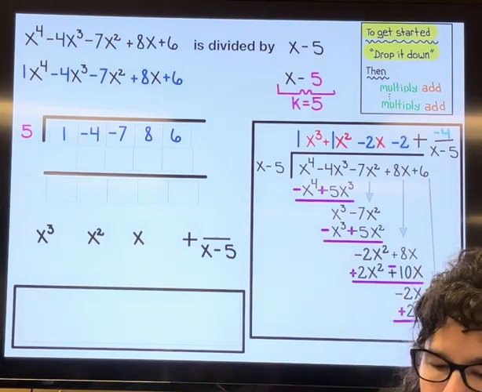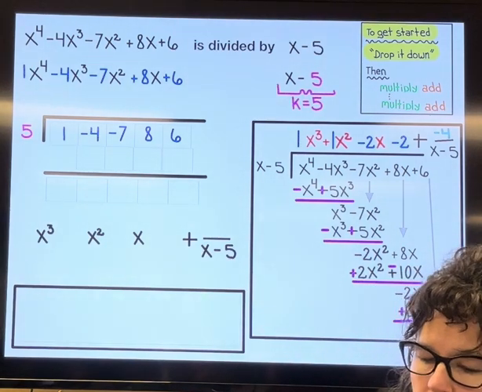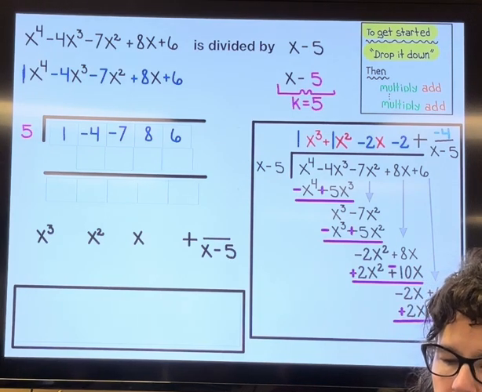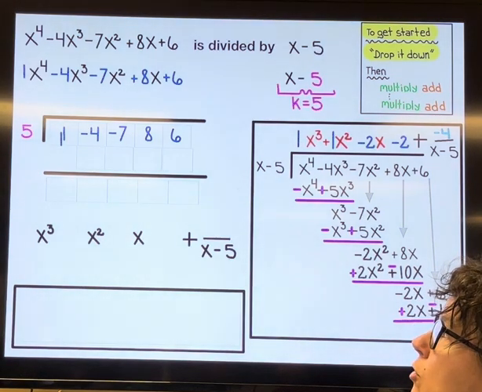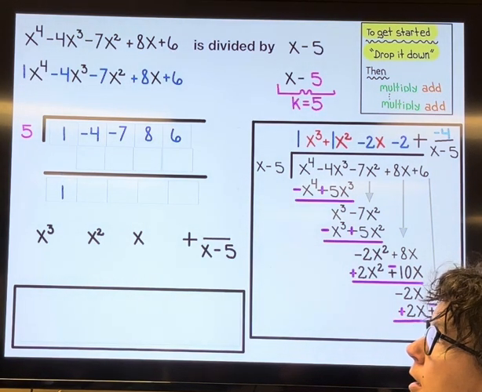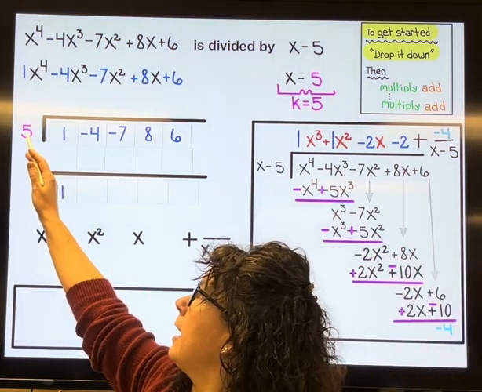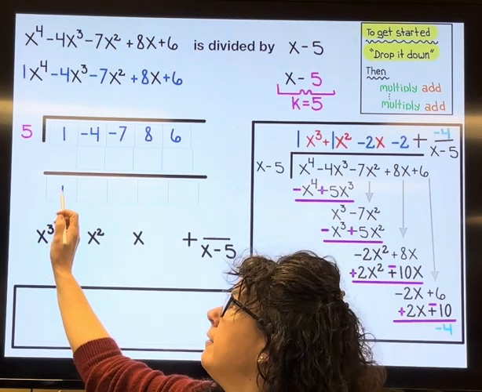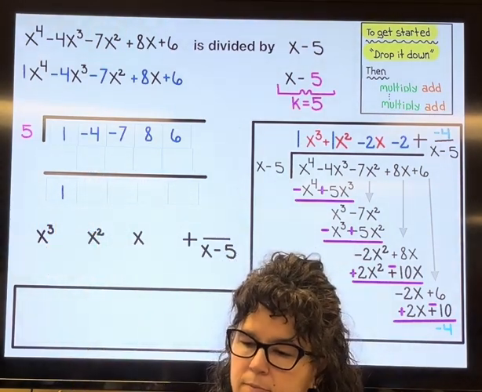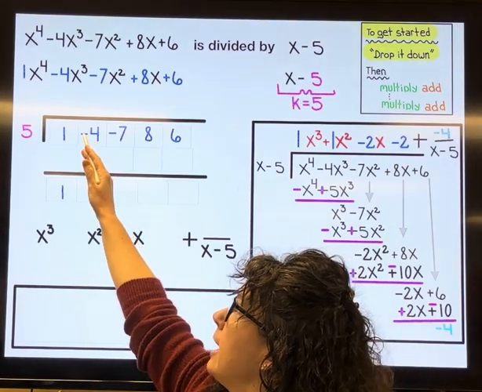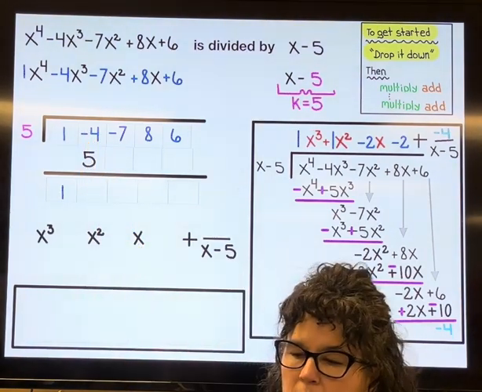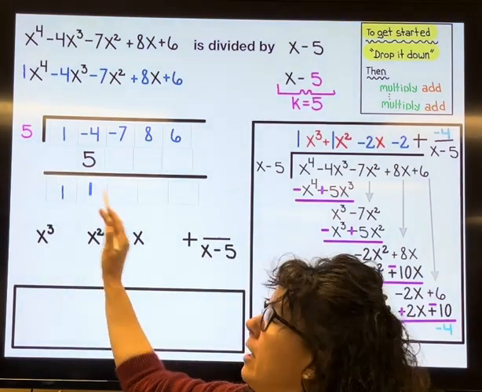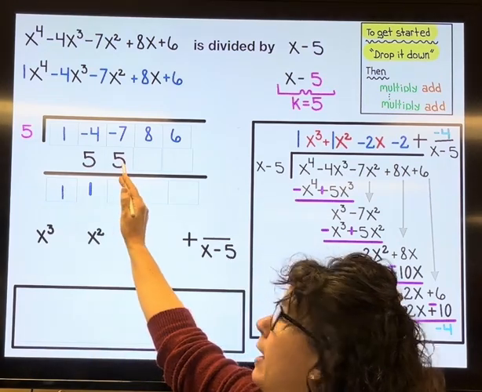So what I mean by dropping it down is this 1 right here. This 1 right here, I'm going to drop it down. Now multiply. 5 multiplied by 1 is 5. So I'm going to write it right there. Add. Negative 4 plus 5 is 1. 5 multiplied by 1 is 5.